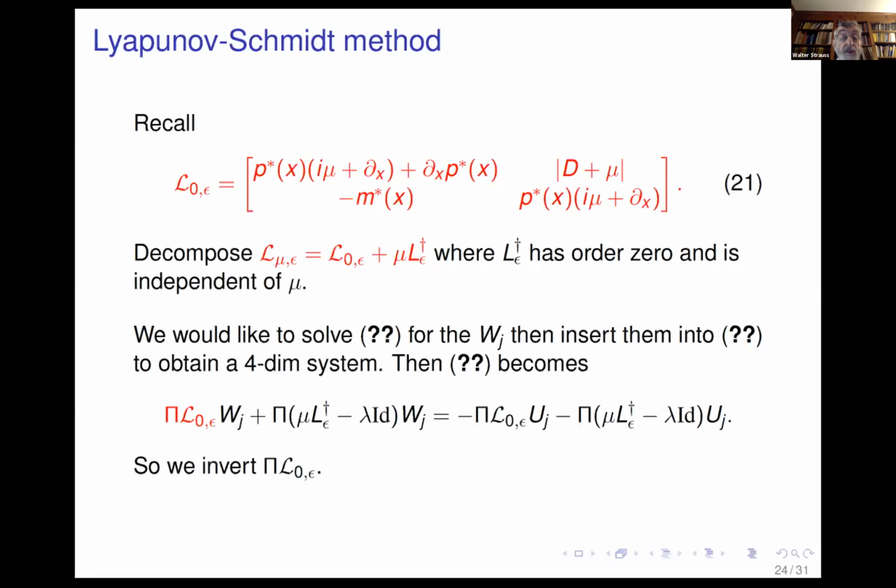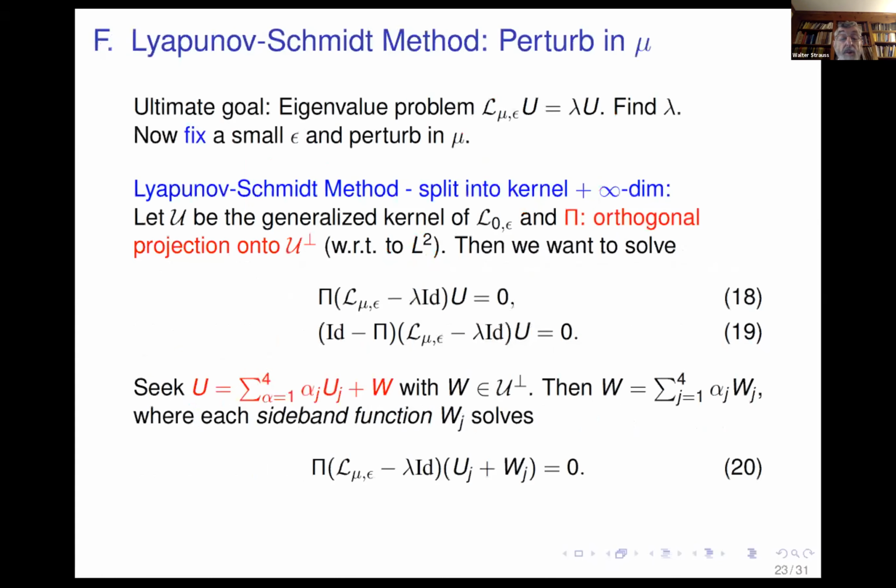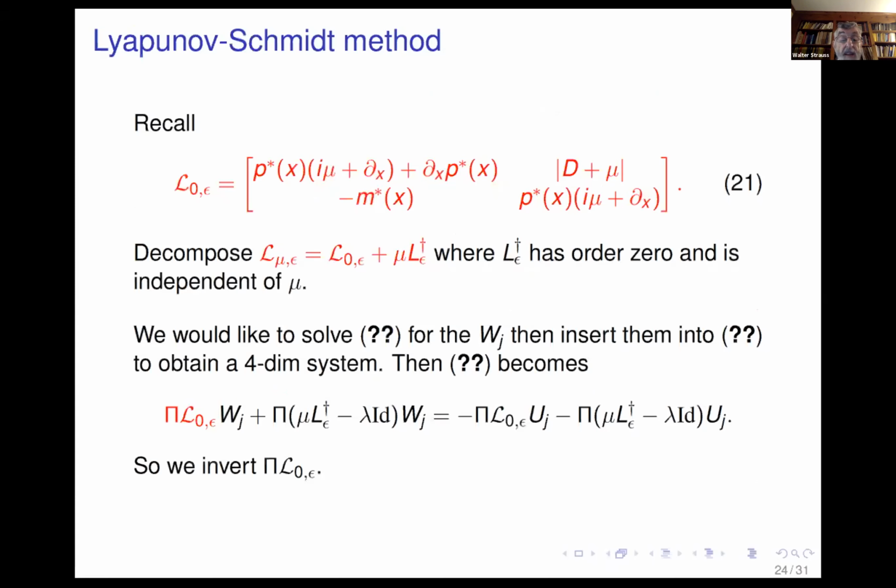Anyway, so we write the four-dimensional system, and we have to solve for the WJ. That's the infinite dimensional part, and we have to invert. So pi is the projection onto the infinite dimensional part.